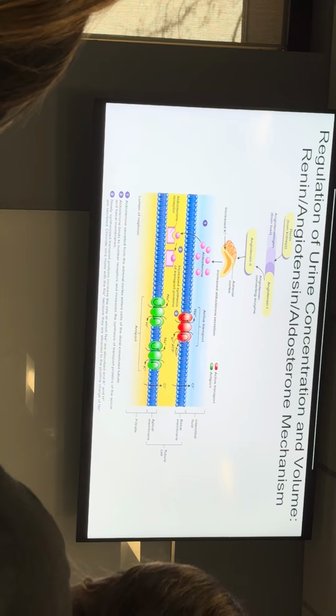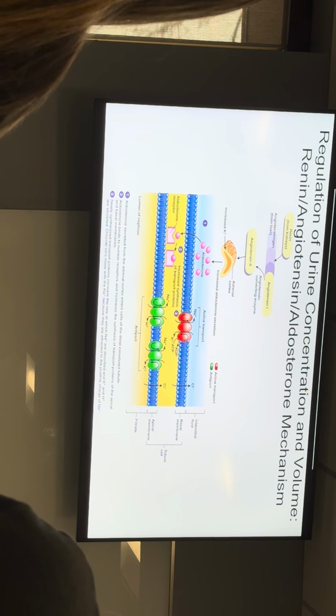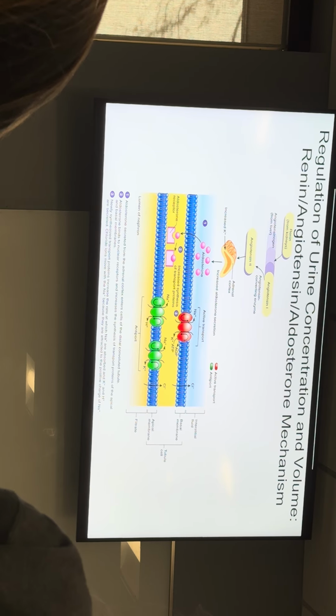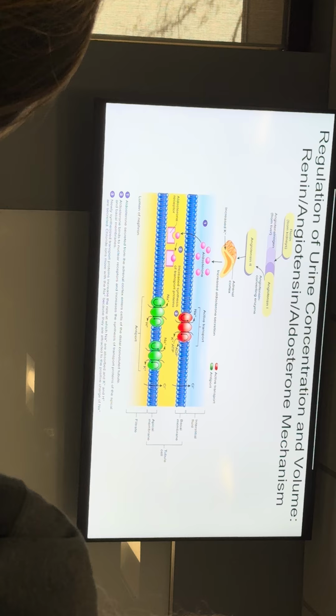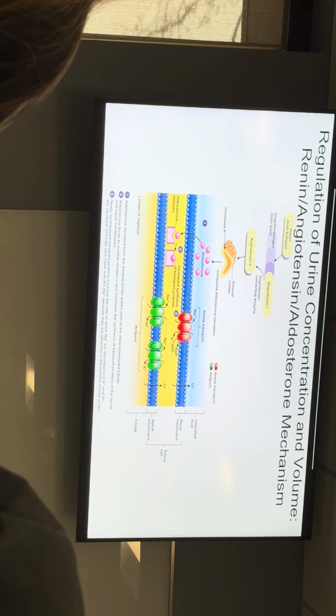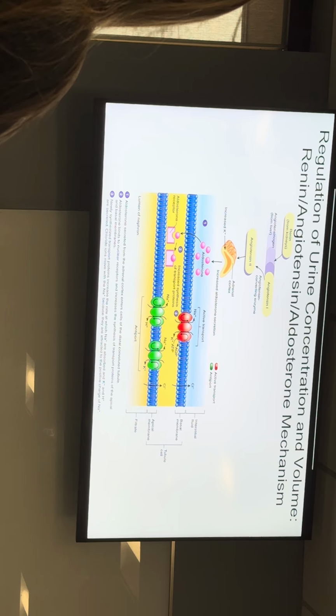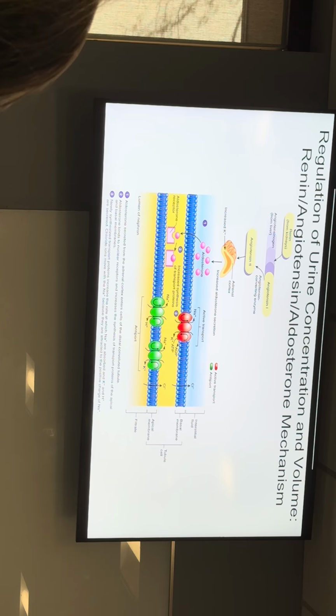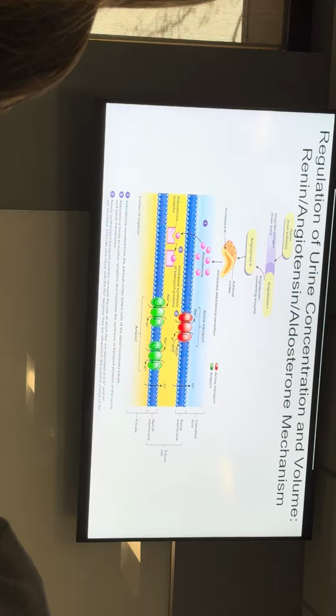When your blood pressure is low, your kidneys sense that you have low filtrate flow. Low filtrate flow means you probably have a low level of plasma, so your blood pressure is low. And when you sense low filtrate flow, then your kidneys release renin.